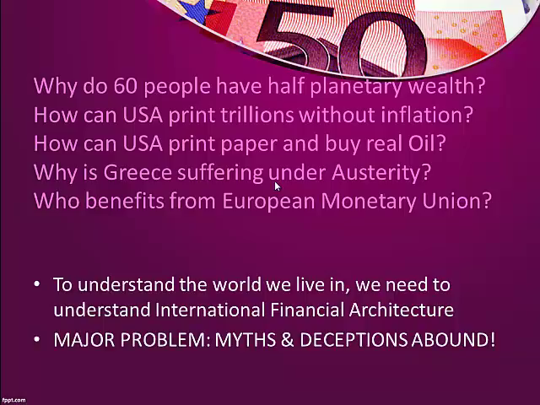When this happened recently, after the global financial crisis, with the so-called quantitative easing programs, the US actually printed trillions of dollars, and many economists are on record as stating that they were very surprised because it had no inflationary impact, contrary to what the theories teach. So why did that happen? That's actually in violation of economic theory.